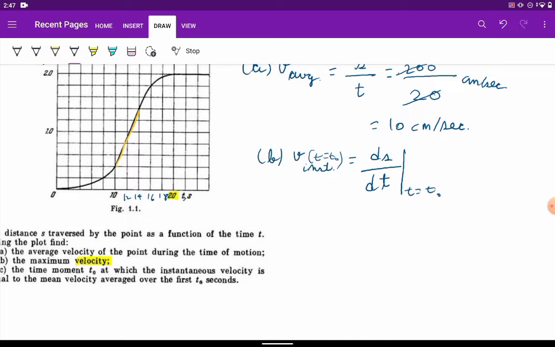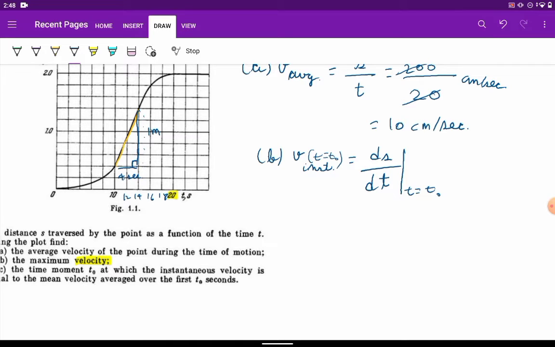All right, so for the maximum velocity, since this is a straight line, the gradient is nothing but the height upon the base of this right angle triangle. The height is 5 blocks, so it becomes 1 meter, and the base is 14 minus 10, 4 seconds.